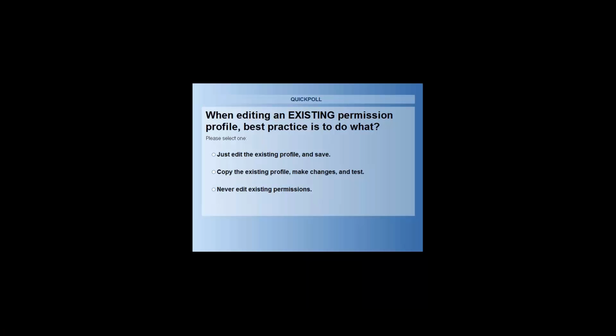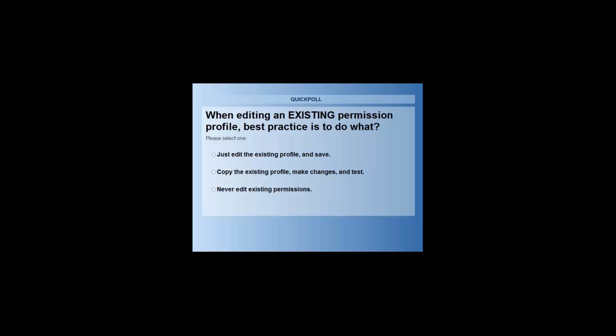So when editing an existing permission profile, best practice is to do what? Just edit the existing profile and save, copy the existing profile, make changes, and test, or never edit existing permissions. And it looks like a lot of you answered pretty quickly, so that's a good sign. I know he emphasized that quite a bit.